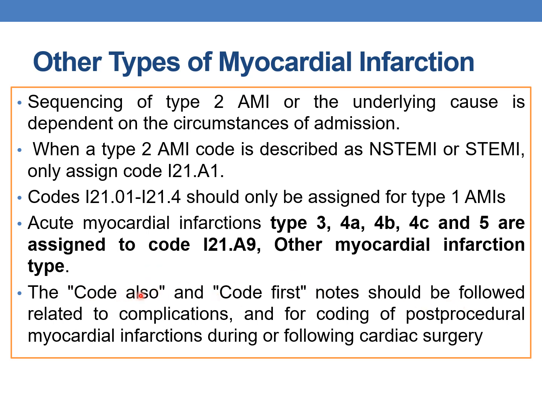Code also means you need to code also the related or associated condition. Code first means first you need to code the underlying cause of that disease. So the code also and code first notes should be followed related to complications and for coding of the post-procedural myocardial infarction during or following cardiac surgery.